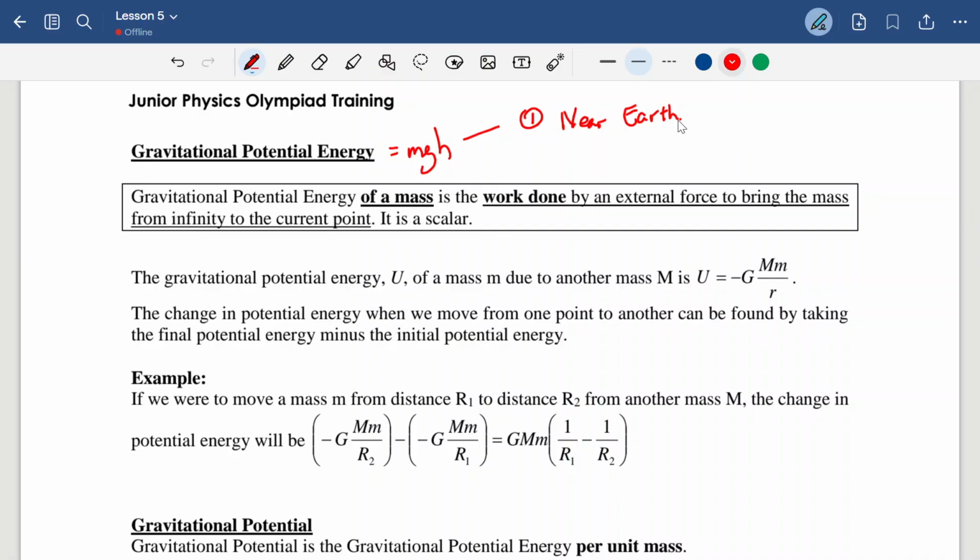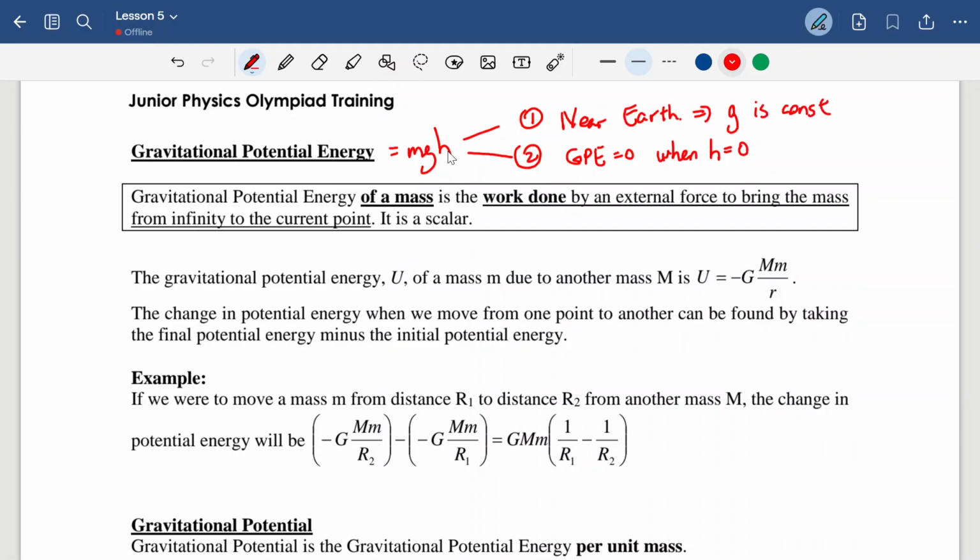Number two, GPE is equal to 0 when h equals 0. So there is a point where you define h equals 0. Of course, if the h equals 0 is above, your GPE will be negative, because it's with reference. If the h equals 0 is at the bottom, your GPE will be positive. So near Earth, to be more proper, where g is constant.